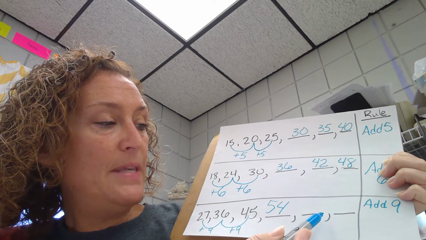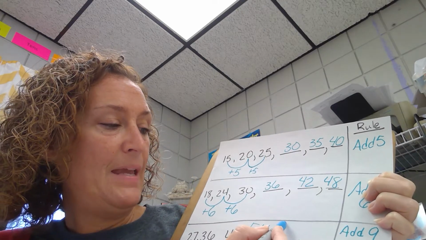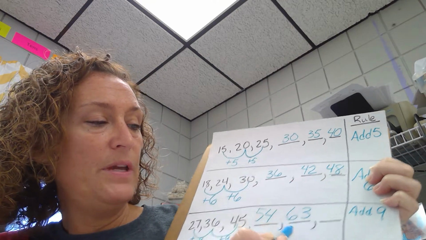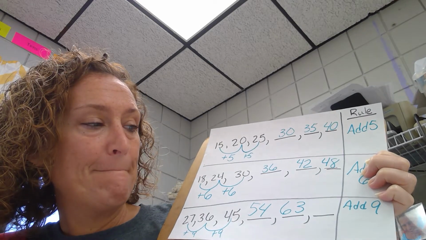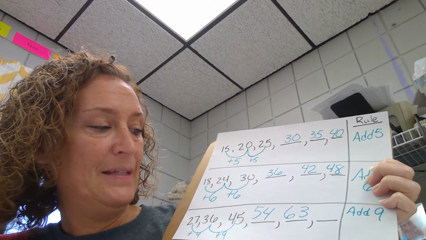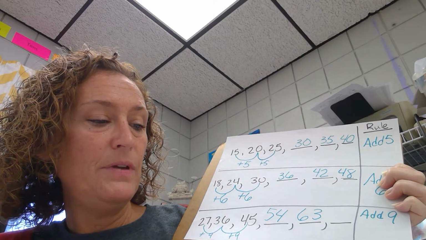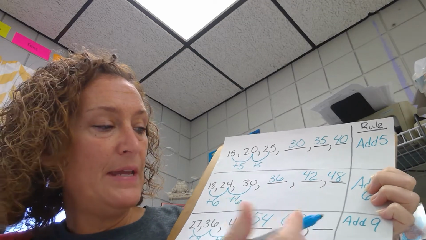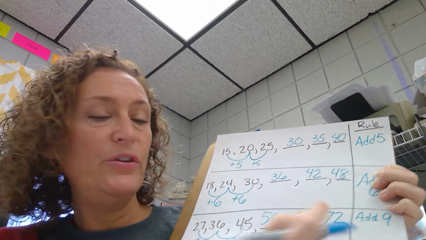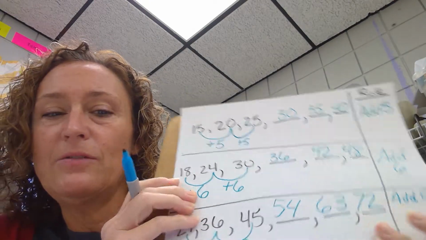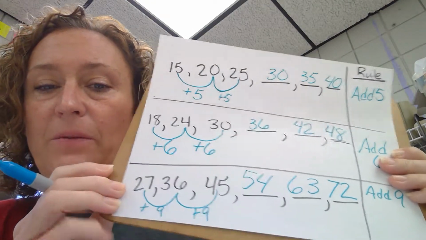Now I've got to go up 9 more, and I get 63. And then I add 9 more and I get 72. These were some of my nines facts. I was trying to sneak in some nines facts in on you.